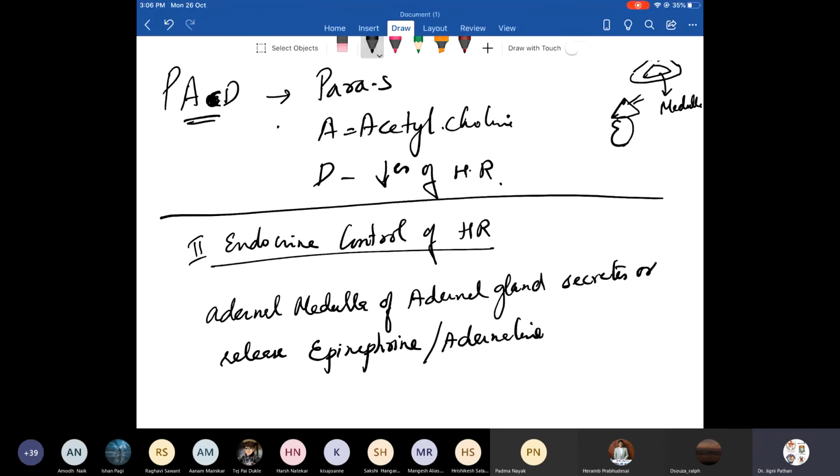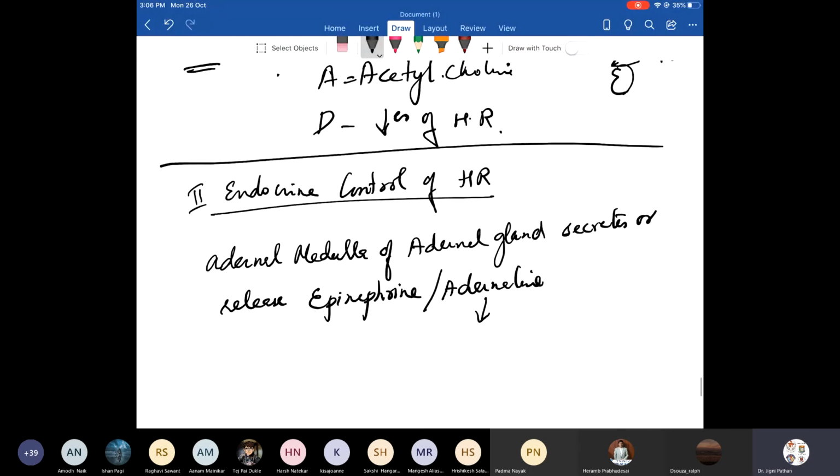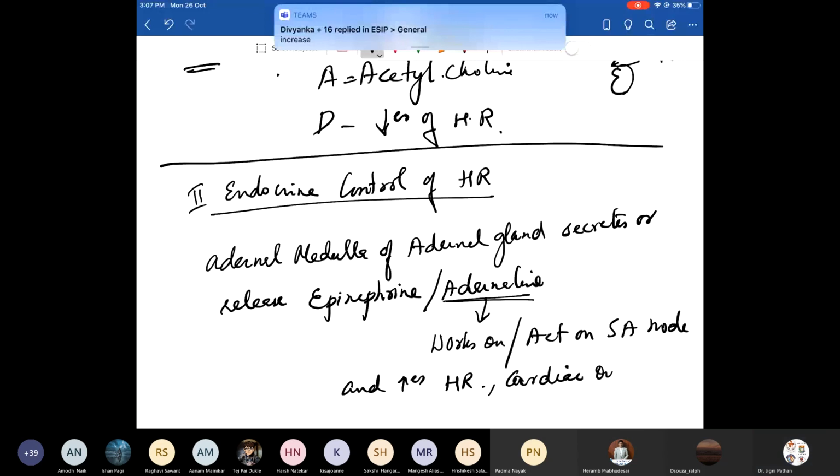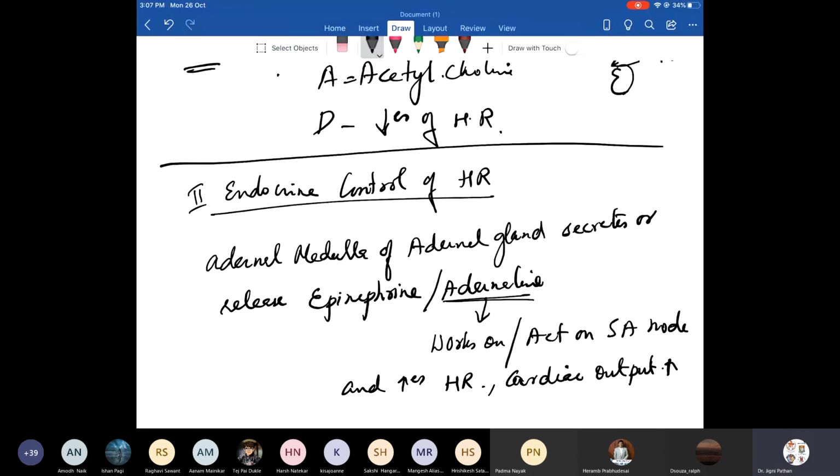So tell me, when adrenaline is released, is it going to activate the SA node or deactivate the SA node? Is it going to increase the heart rate or decrease the heart rate? When adrenaline is released, what will happen? Very good, Yash. It acts on the SA node and increases heart rate. Cardiac output also increases. Did you all get the point?